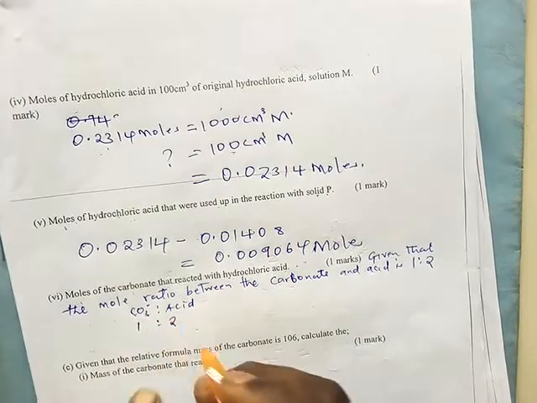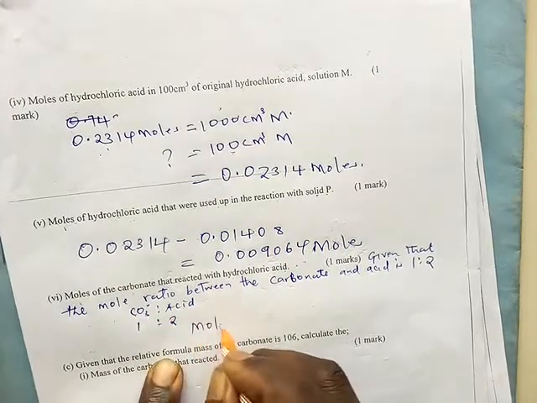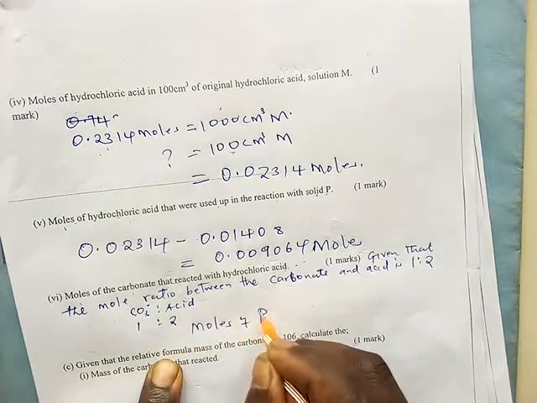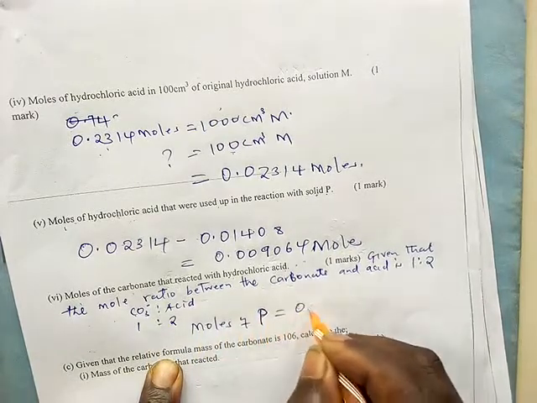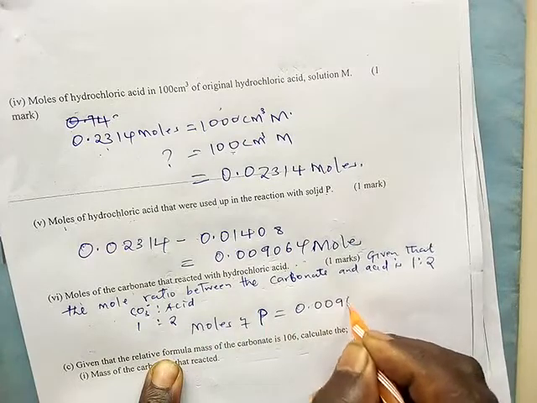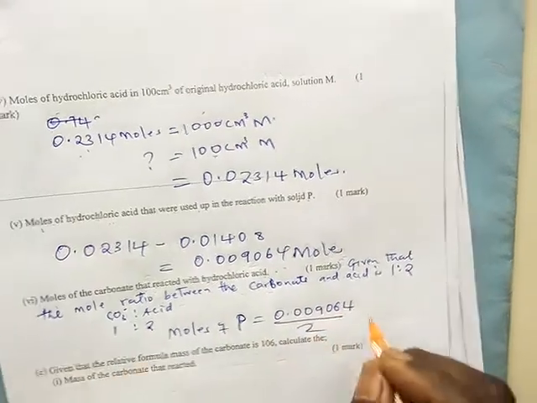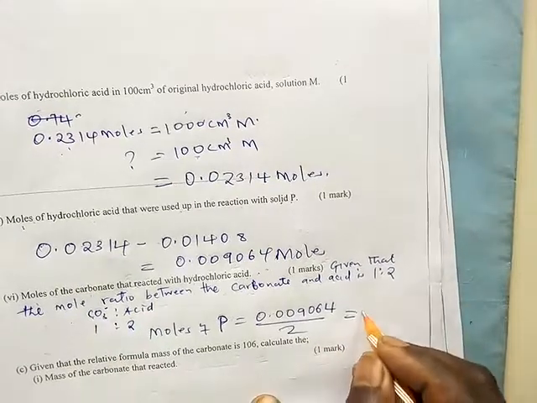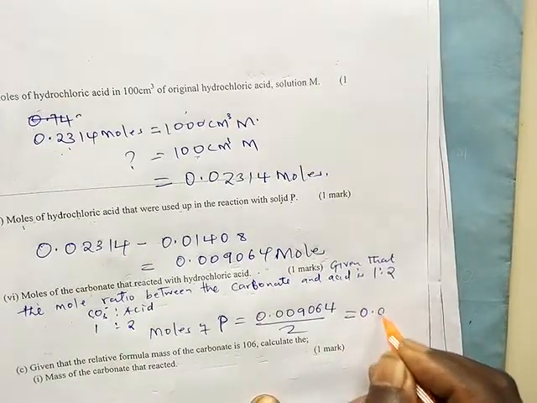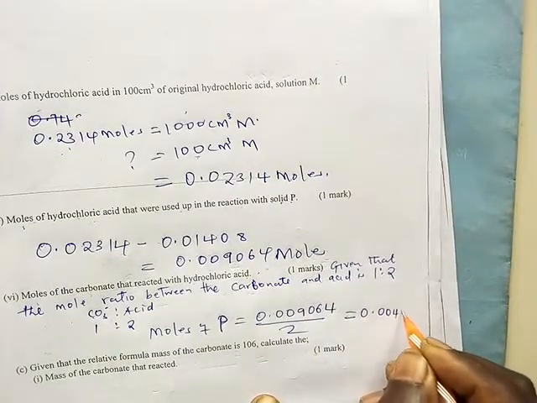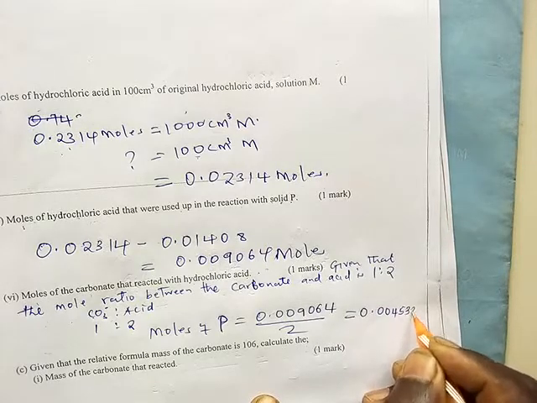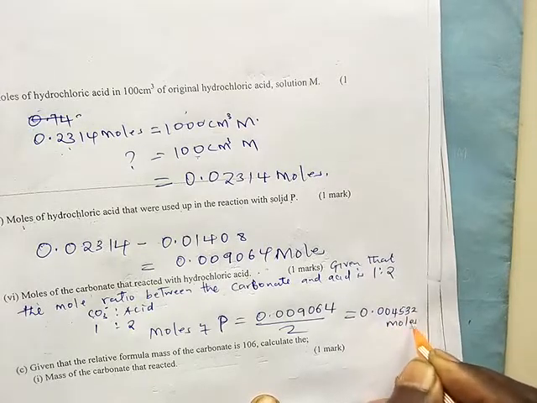So moles of P equal to 0.009064 divided by 2, which is going to give you 0.004532 moles.